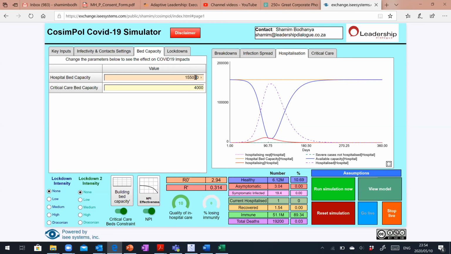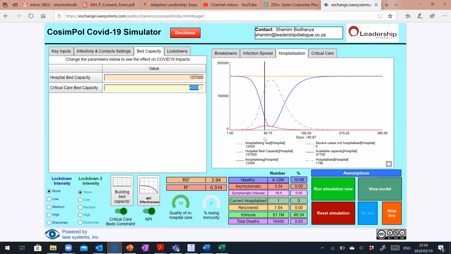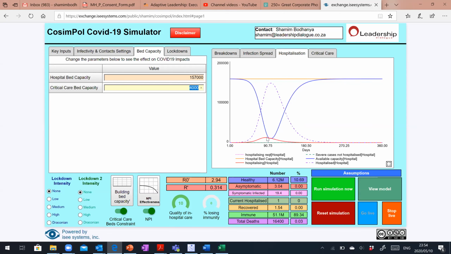So we're just going to experiment a little bit. Let's make that 157,000. And essentially, we're starting to see that roughly that's the kind of capacity, probably 158,000 is the bed capacity that we're going to need in relation to normal bed capacity. But we still have these deaths of 16,400. And that contribution is coming from insufficient.